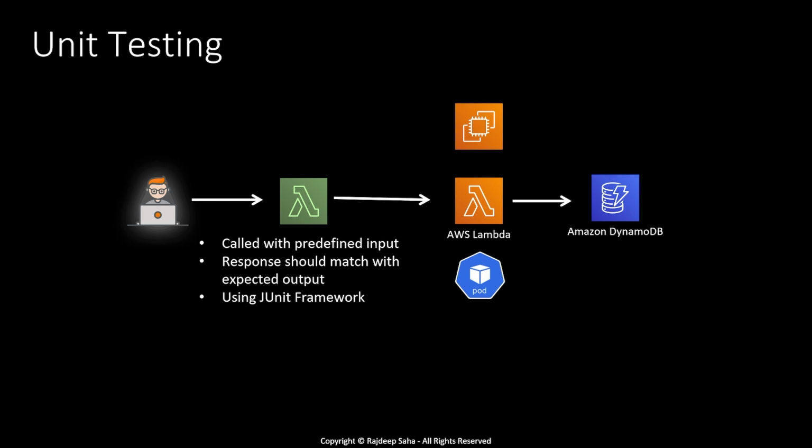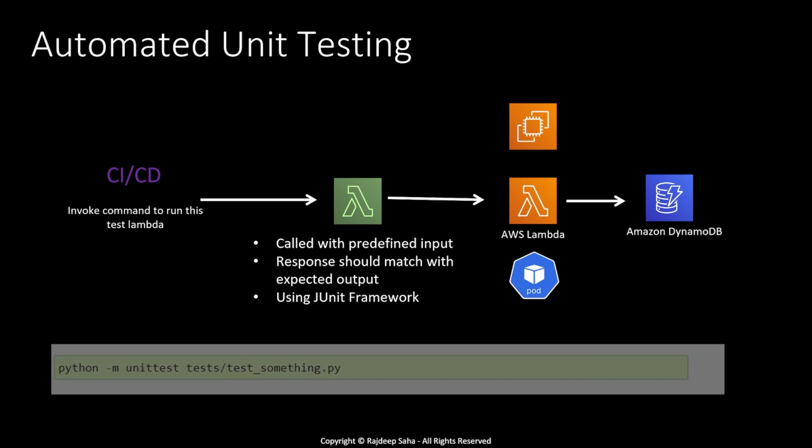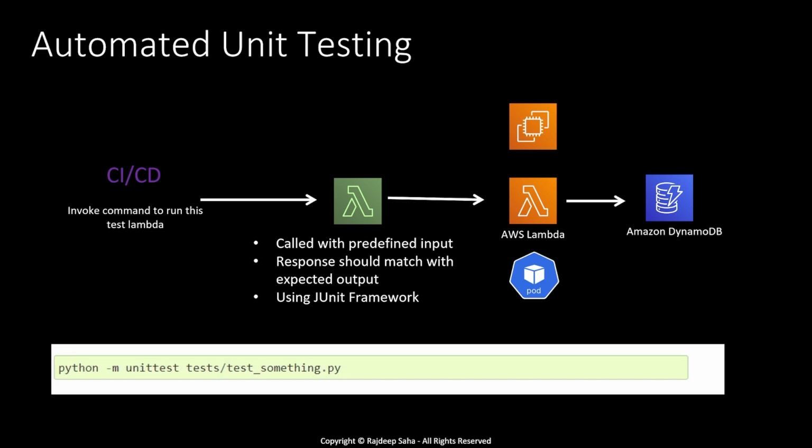In this case, this testing Lambda is still being called by the manual tester. So to make it fully automated, this Lambda needs to be called from a CI/CD pipeline. So how do you do this? So at the end of the day, you just need to invoke the command to run this test lambda. And if you are using a JUnit framework, the command will look something like that if it is written in Python.